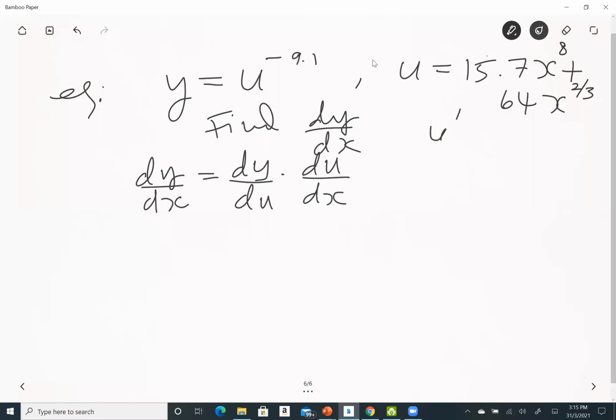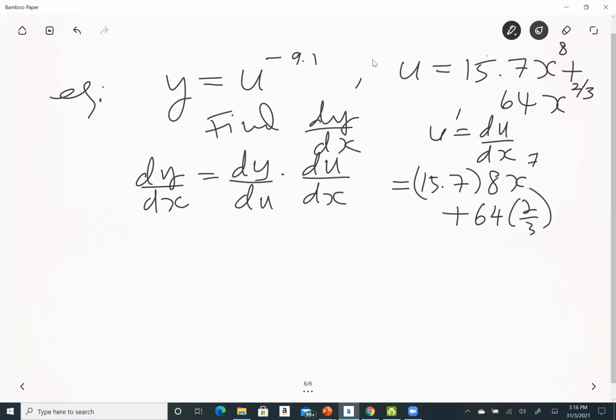So u prime, or du/dx, is equal to 15.7 times 8 x to the power of 7, plus 64 times 2/3 x to the power of, reduce the power by 1, so negative 1/3.